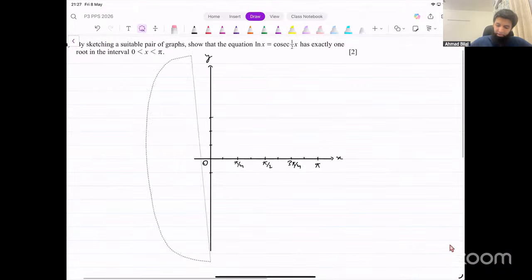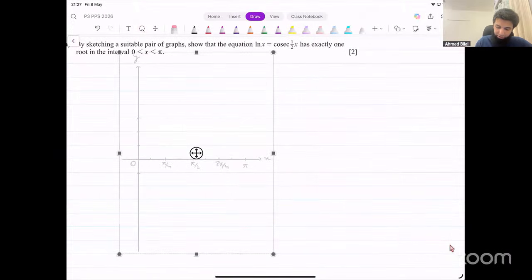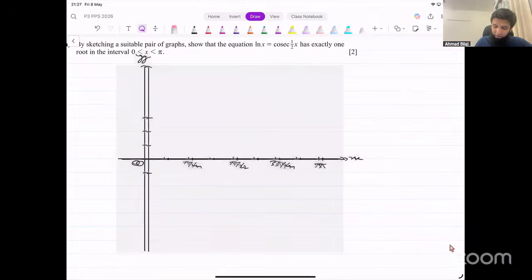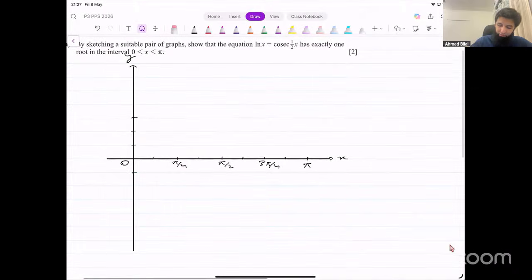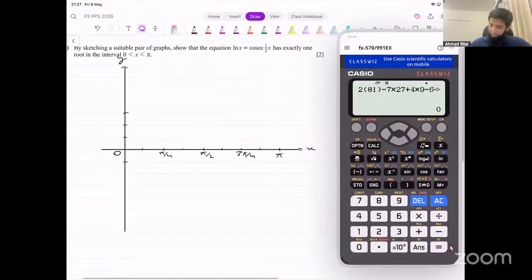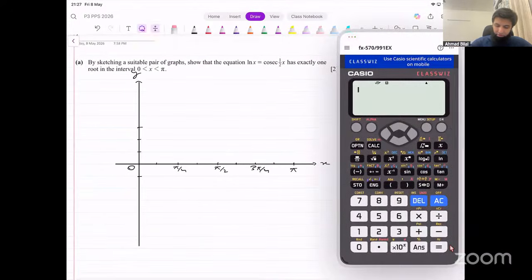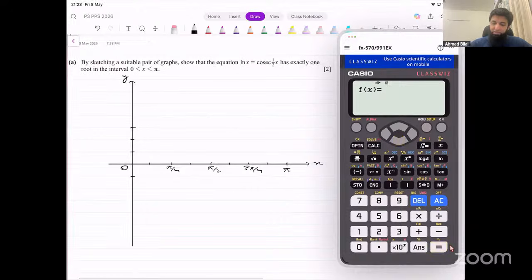Now we can input this in the table function on our calculator. Make sure calculator is in radian mode. Table f of x equals cosecant half x.